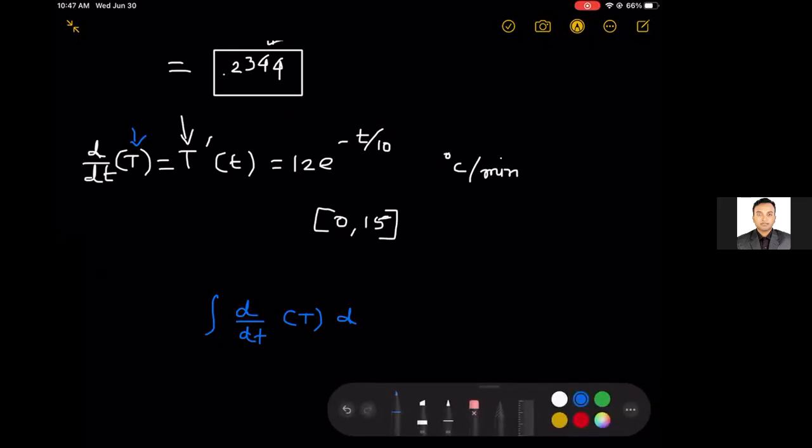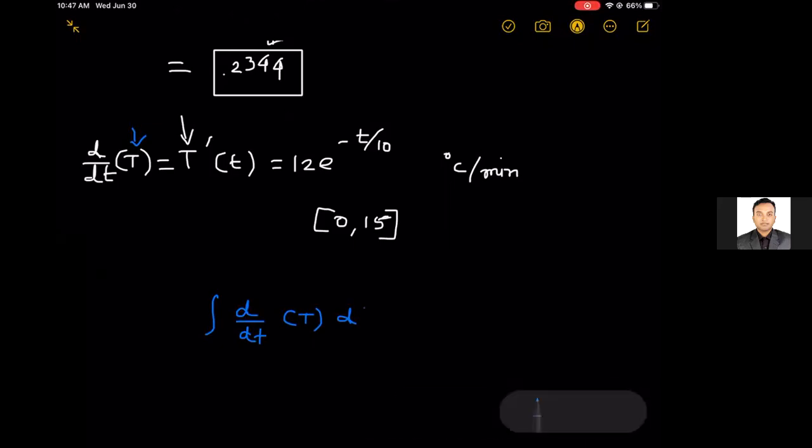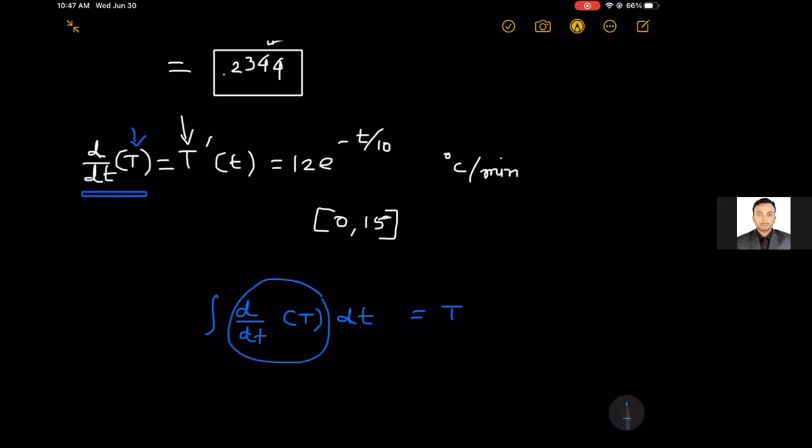This should be in terms of t, right here. So this would precisely give us the T. Don't you agree with that? That makes sense. Right? Because this is the derivative. If I can find the antiderivative of it, it should give me the T, the temperature I'm looking for.